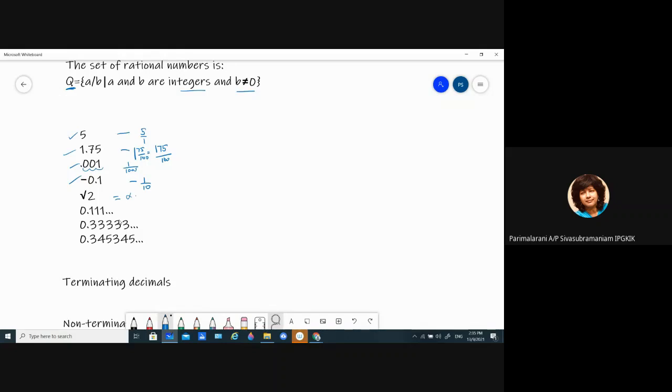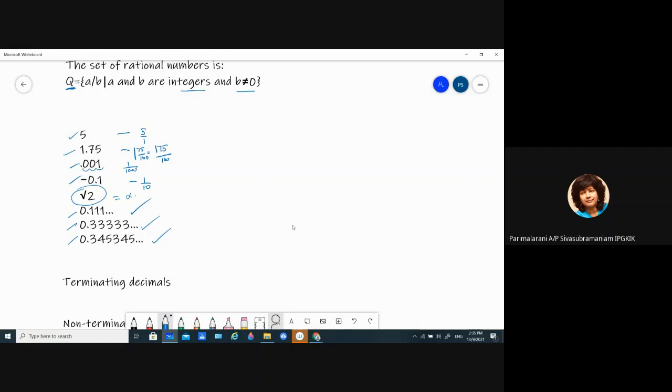Yes, this can be written as a rational number, I'll tell you later why. 0.3333 also can be written as a rational number. 0.345345 also can be written as a fraction. So all these numbers, except for square root 2, can be written as fractions. Any number that can be written as a fraction is known as a rational number.